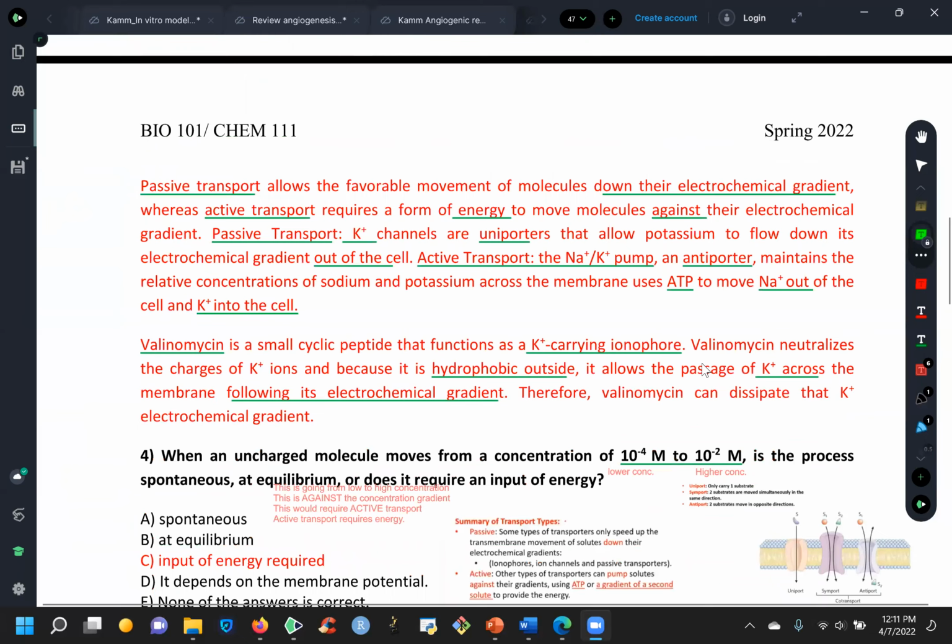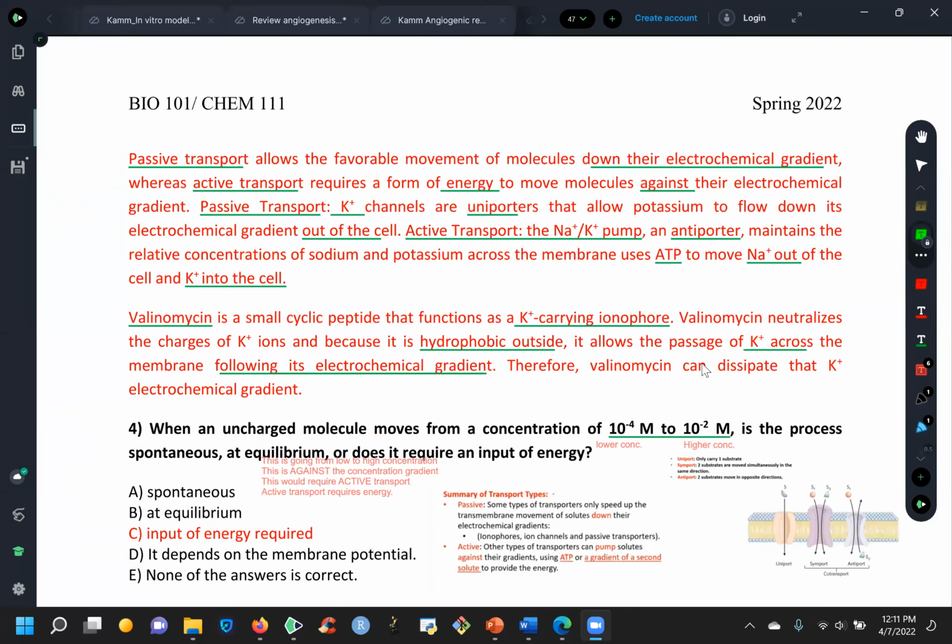All right, passive transport allows the favorable movement of molecules down their electrochemical gradient. Kind of like the proton gradient, that's passive transport. Whereas active transport requires a form of energy to move molecules against their electrochemical gradient. For passive transport, you have potassium channels. We see that that's fast.